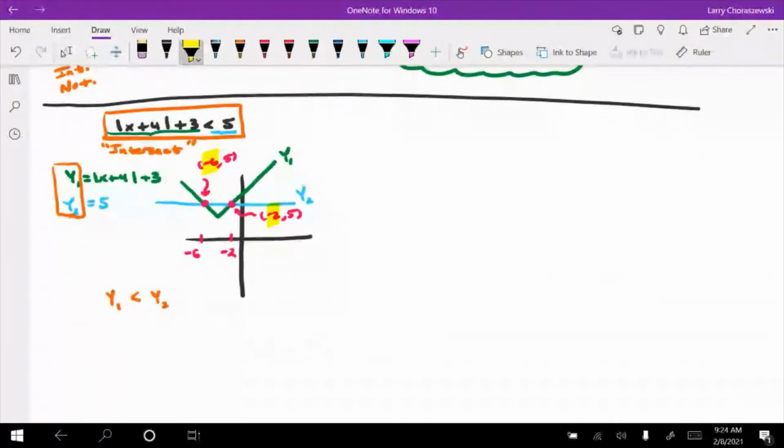Now this is important to keep in mind because from a graphical standpoint, the less than symbol takes on an important meaning. When we're trying to solve y1 is less than y2, geometrically we're looking for the parts of y1 that are under or below any parts of y2.